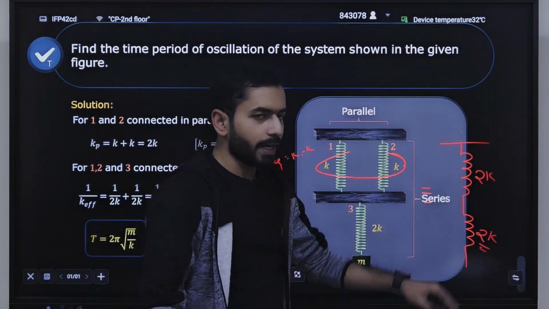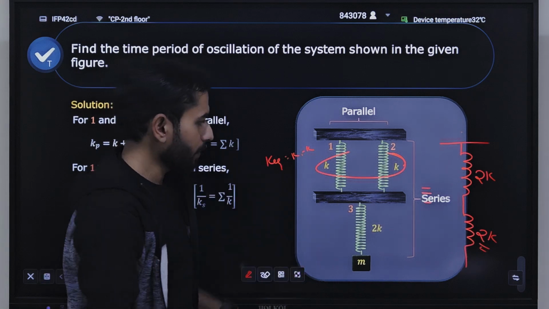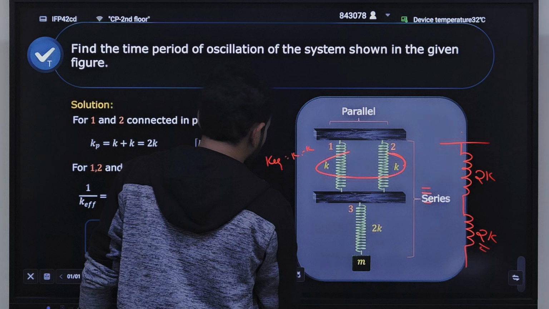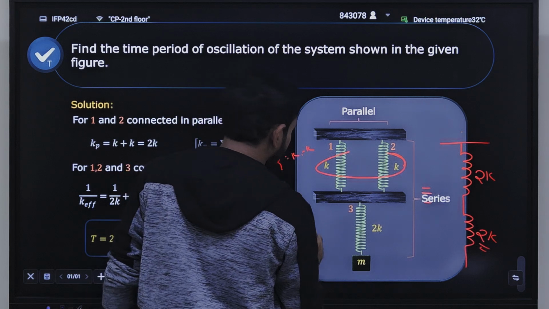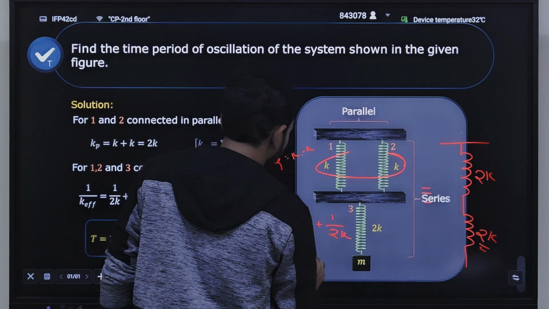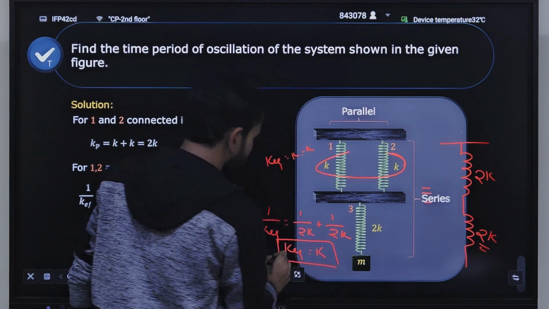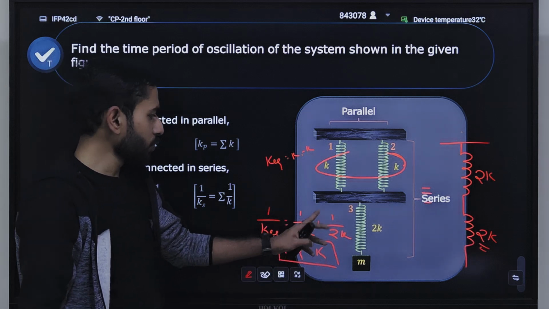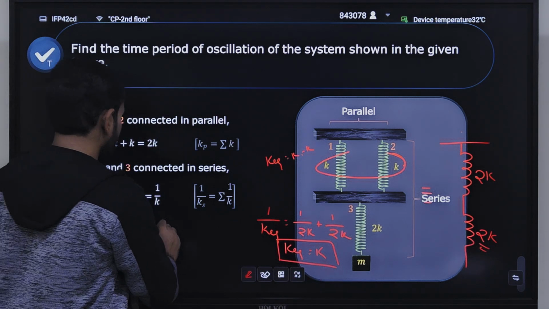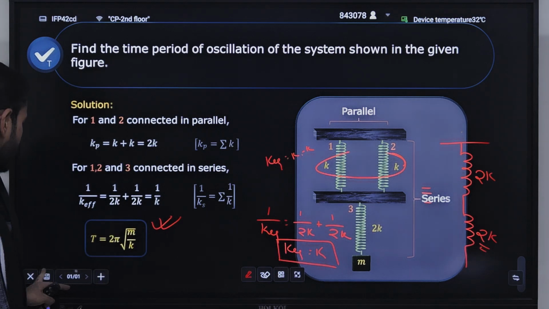Now these 2K and 2K are in series, so the parallel formula applies: 1 by K equivalent is equal to 1 by 2K plus 1 by 2K. That means K equivalent is nothing but K, because the 2 cancels. The formula will be T is equal to 2 pi root under m by K for this system.